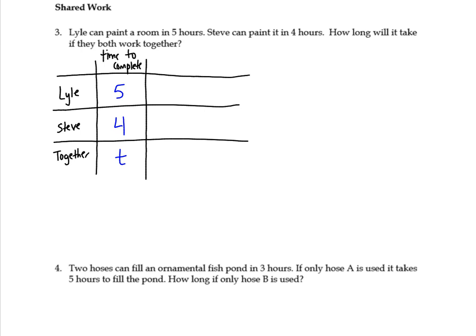So then our next category is fraction completed in 1 hour. So if Lyle takes 5 hours to complete, what fraction has he completed after 1 hour? 1/5.